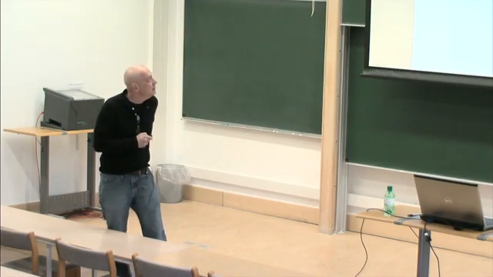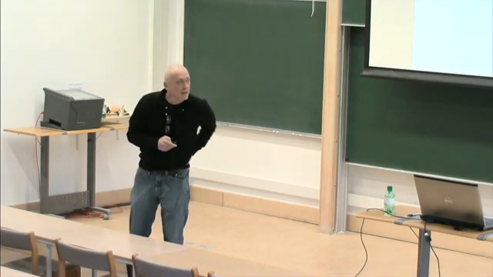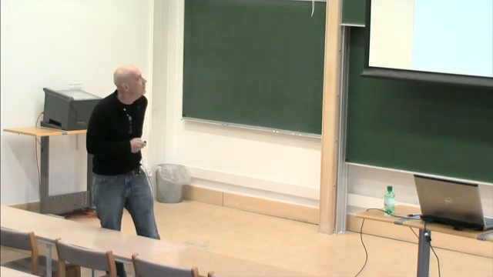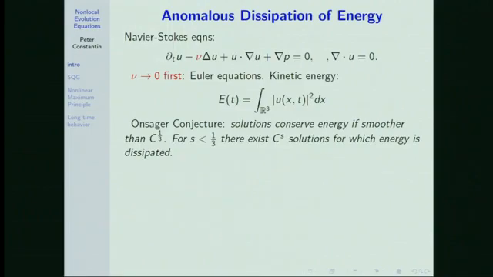So the Euler equations conserve the kinetic energy, the L2 norm of the velocity. And you ask yourself whether, or Onsager actually conjectured, that you can have dissipation in an ideal fluid, in a fluid that in principle conserves energy, and it will happen at a threshold of smoothness.